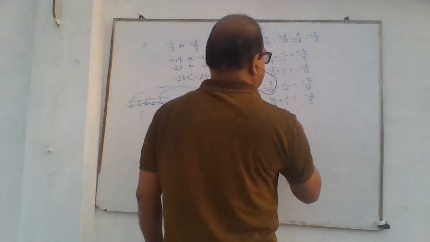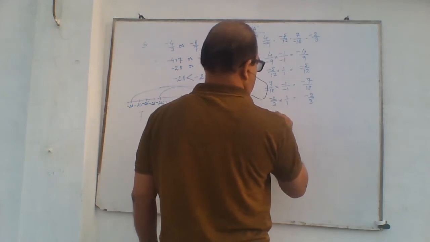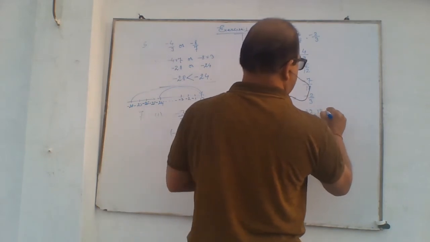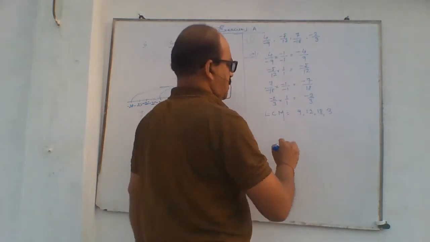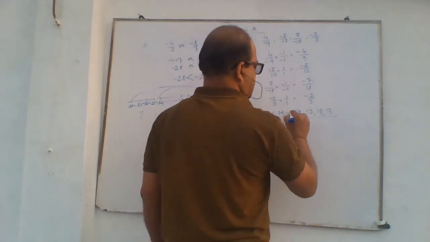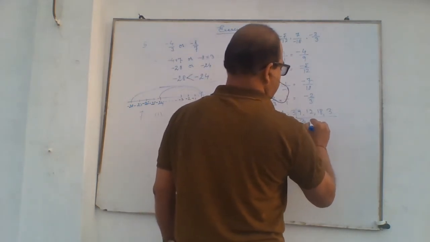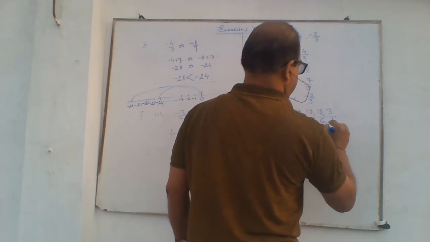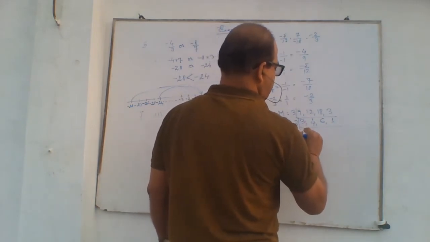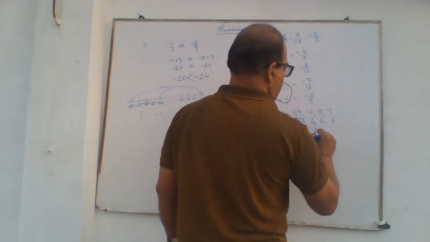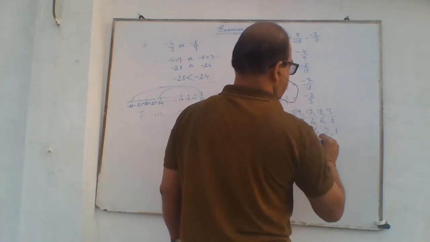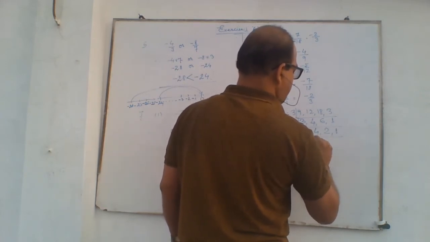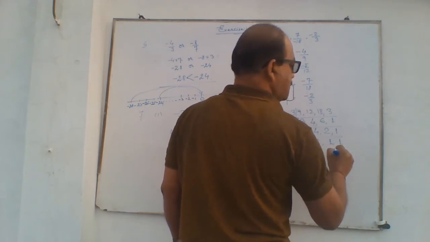We have to take the LCM of 9, 12, 18 and 3. 3 3s are 9, 3 4s are 12, 3 6s are 18 and 3 1s are 3. Again 3 1s are 3, 3 2s are 6 and here 1, and it will be divided by 2: 2 3s are 4, 2 1s are 2 and 2 1s are 2.